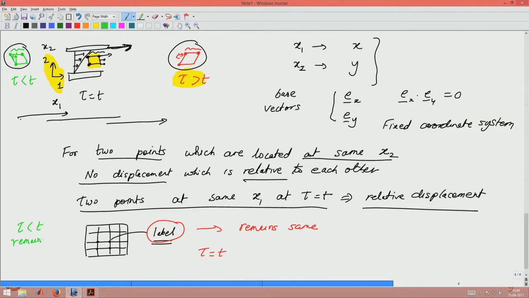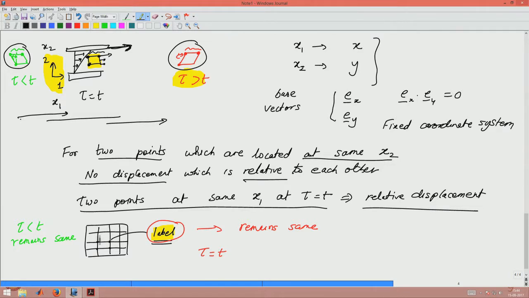So, in this case what we are doing is not really keeping track of material through a fixed coordinate system like what we did here, but we are keeping track of the material particles using a set of labels. And so, these labels can be called the coordinates themselves.